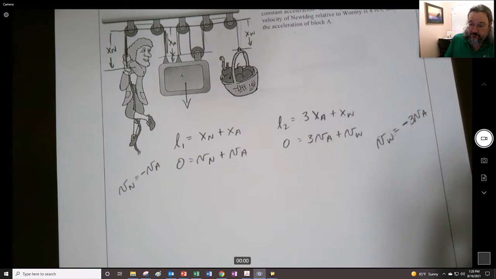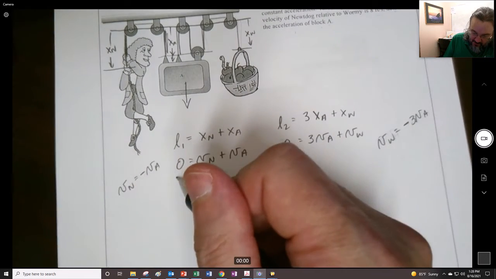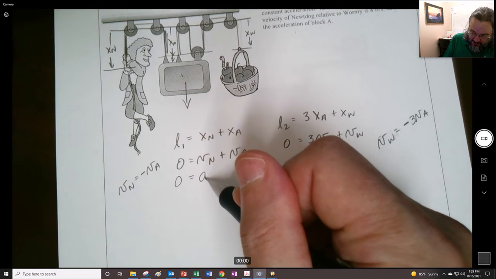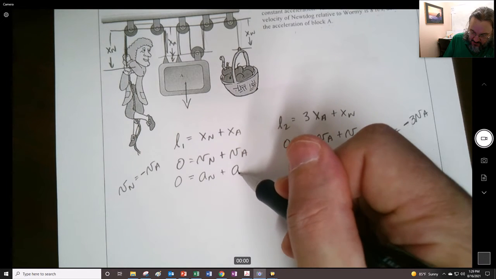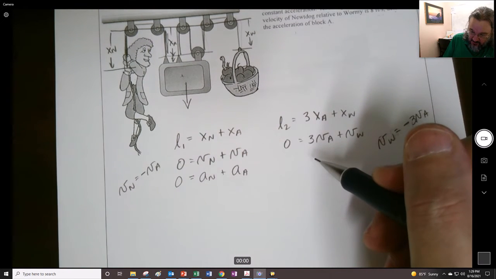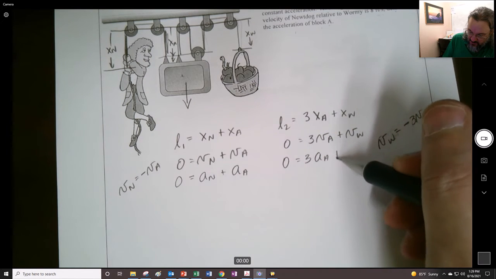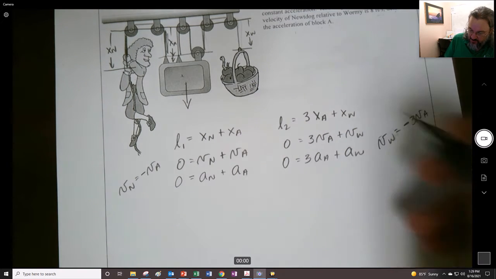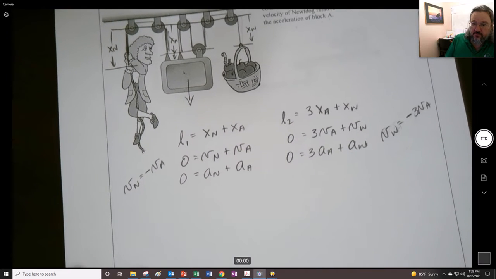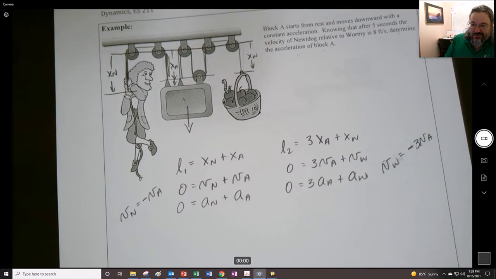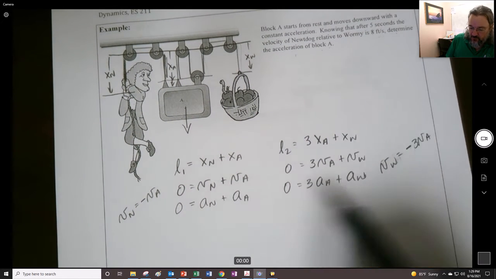Okay, that's over to the side. We also say for the acceleration that we have the acceleration of n plus the acceleration of A, right? And 3 times the acceleration of A plus the acceleration of W. All right, so we did the dependent motion relationships.